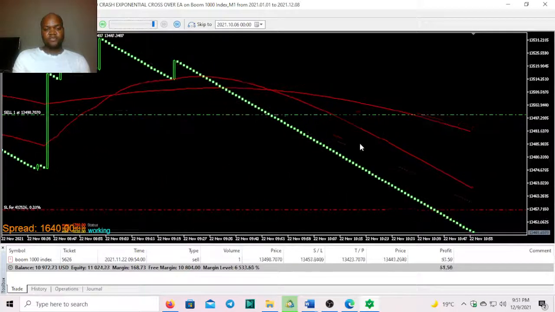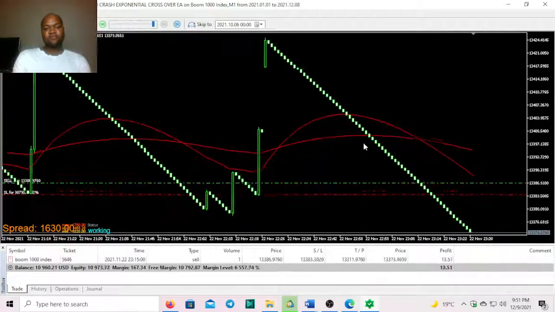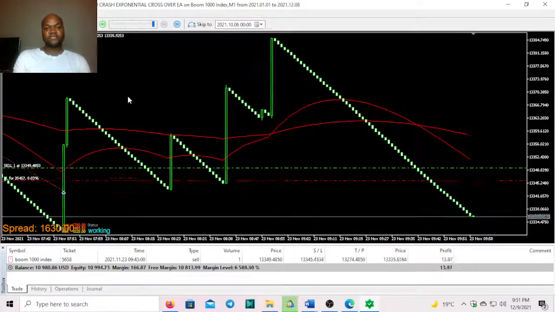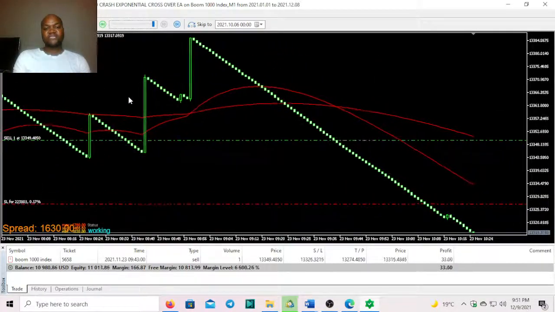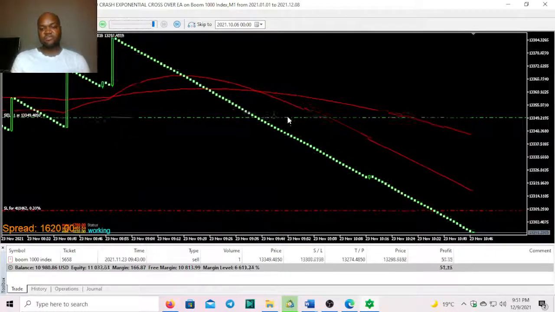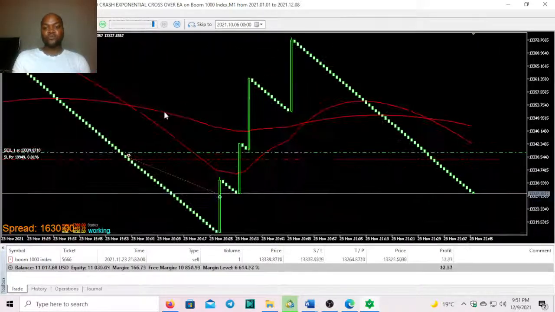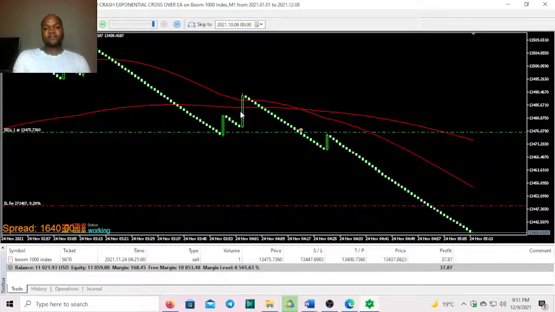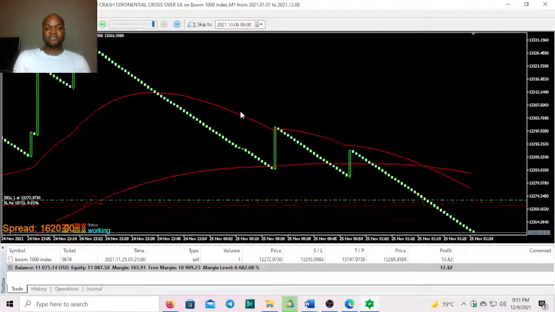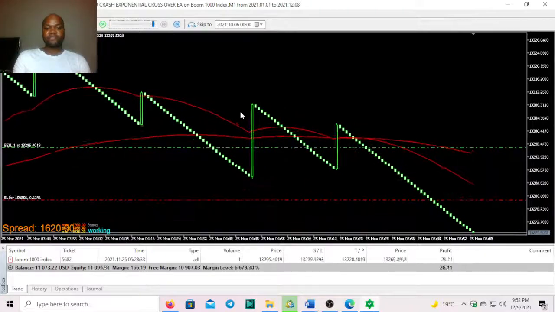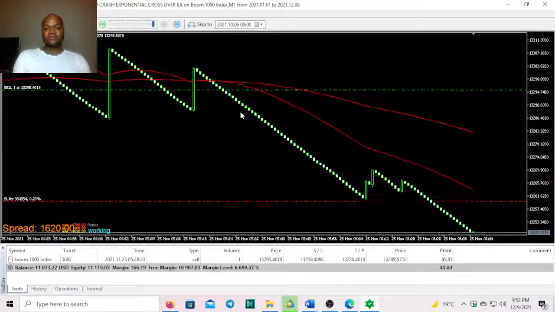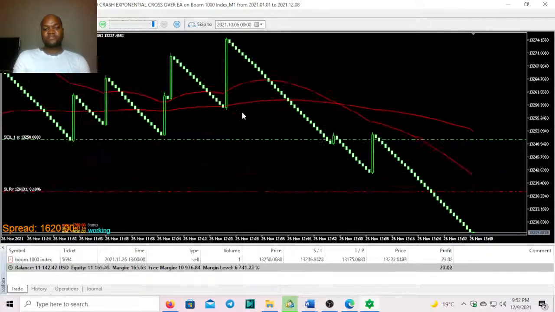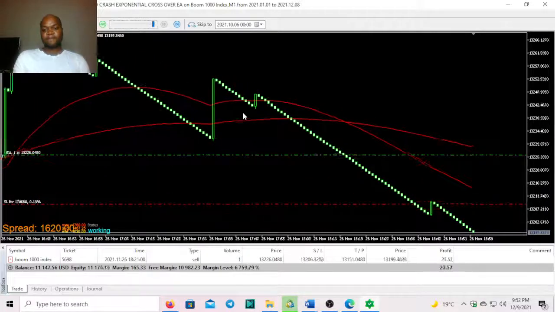And if you are really experienced in Boom and Crash, you understand that Boom 1000 trends in a certain direction for a very long time. If it's going to go down, it will go down for a very long time, and there's money. Comparing the Boom and Crash 1000 and the Boom and Crash 500, honestly I believe that there is more money in the 1000s, because if you catch a spike in 1000 at 0.2, you probably get something like $3 to $4, even $5 for one spike, which is amazing.